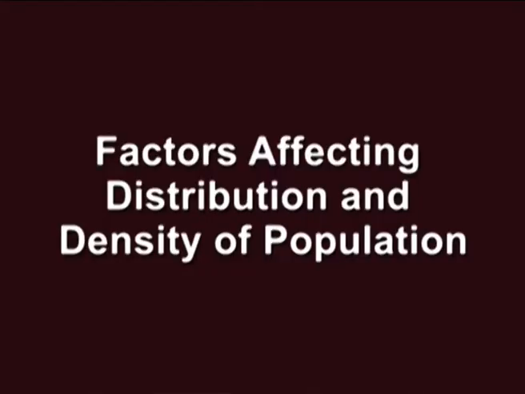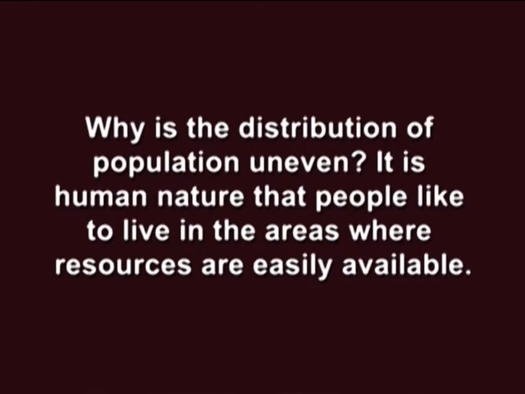Factors affecting distribution and density of population. Why is the distribution of population uneven? Is it human nature that people like to live in the areas where resources are easily available? Yes. These resources may be fresh water, fertile soil, food, shelter, opportunities of work and others.